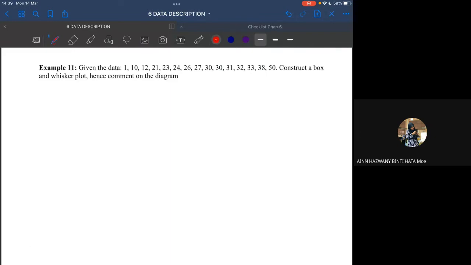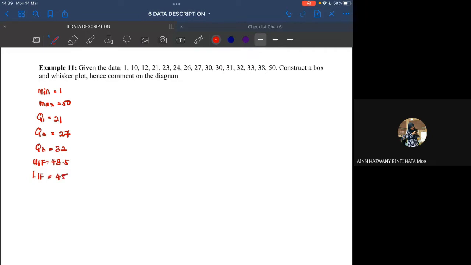Saya bagi terus jawapannya untuk example 11. Minimum is 1, maximum is 50. Nanti kamu kira sendiri ni. Okay.